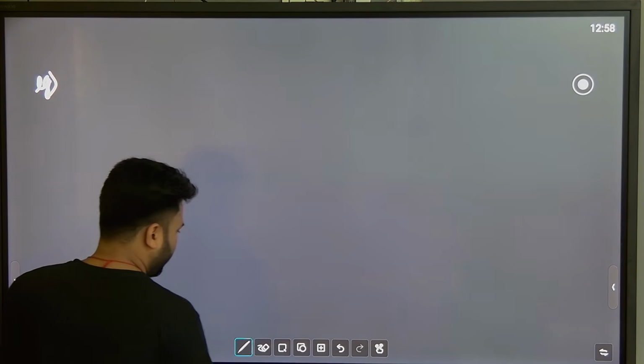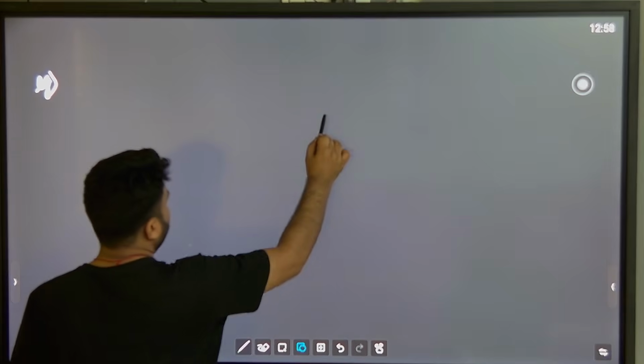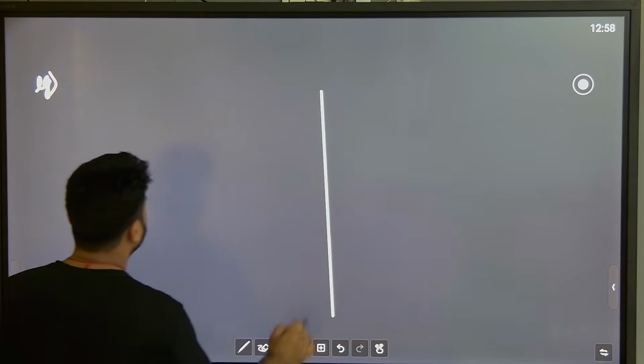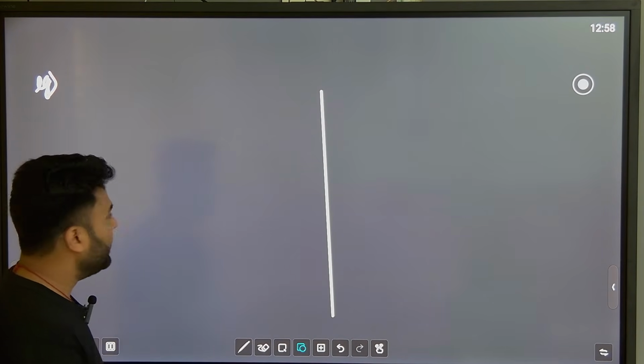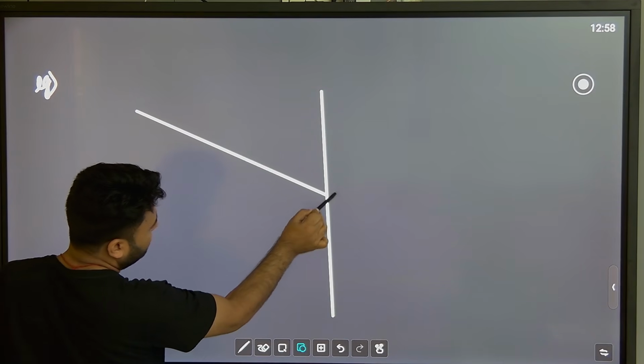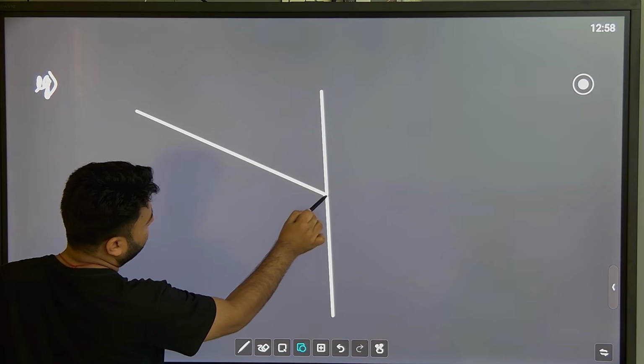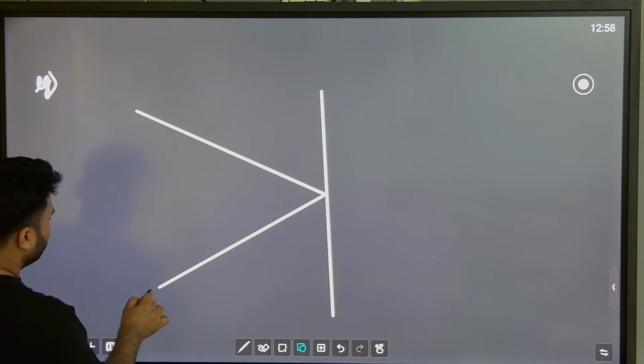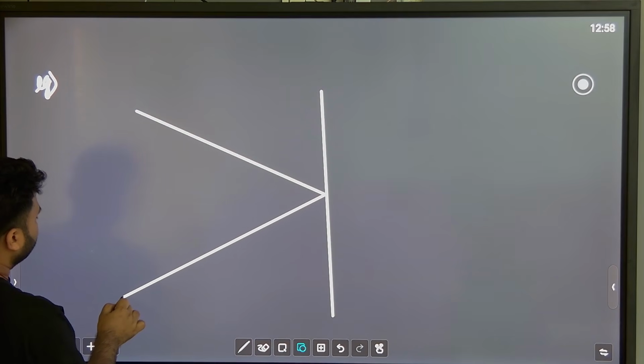Now suppose there is a wall like this, and there is a ball which is coming in this direction with some speed v. After striking the wall, it follows the laws of reflection and the ball returns back in this direction.